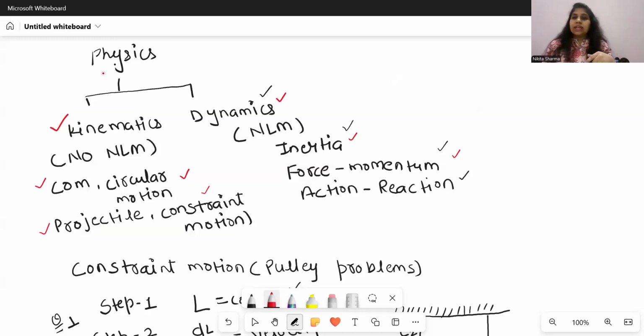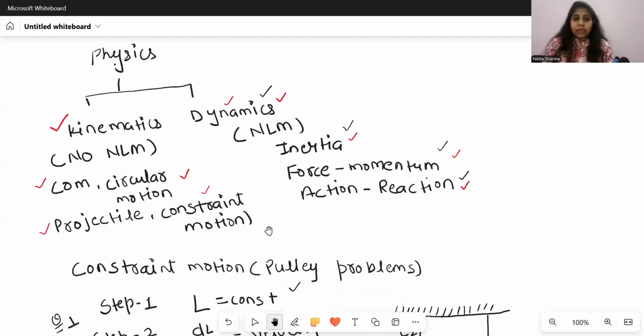This is the reason we call this law the force momentum relation law. And the third law is the action reaction law. So if we have some numerical problem based on the action reaction, or we need to find the momentum, the force, or the inertia, that means we will have to follow the Newton's laws of motion, and that is the reason we put them in the category of dynamics.